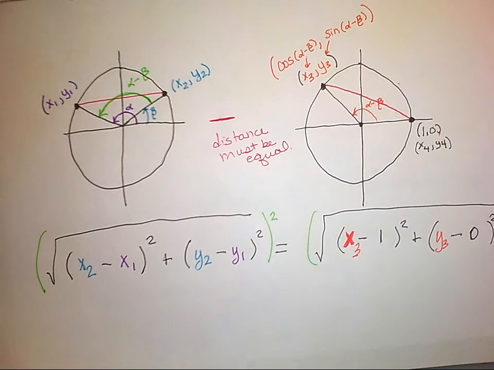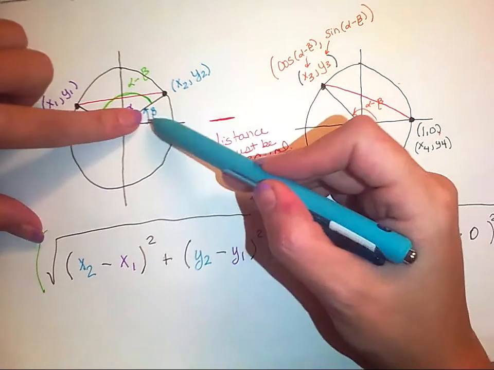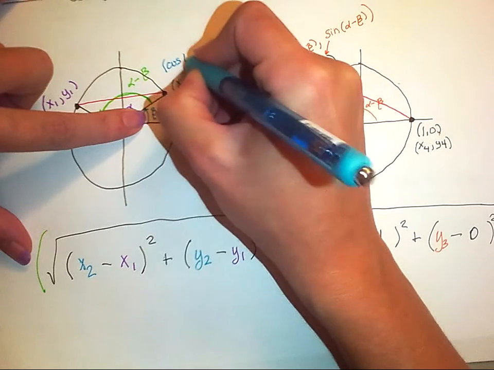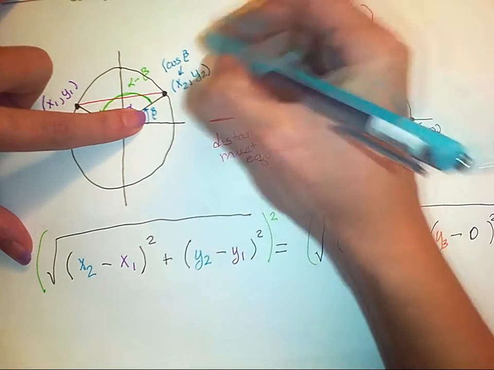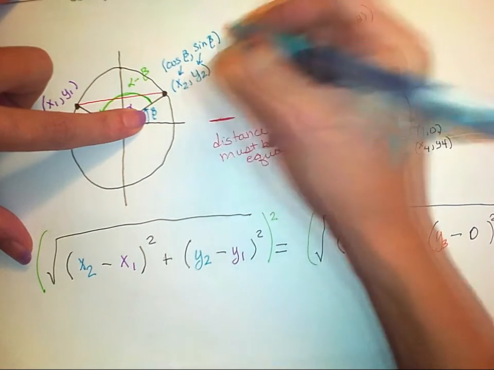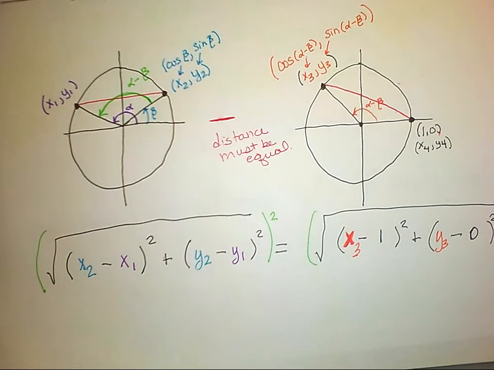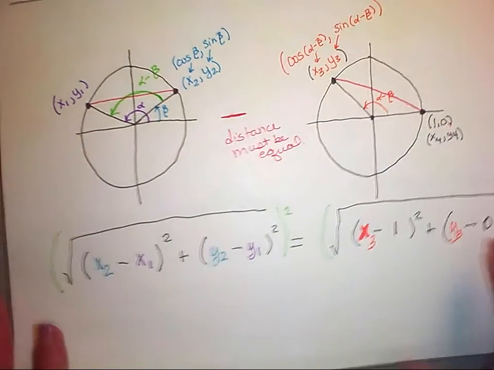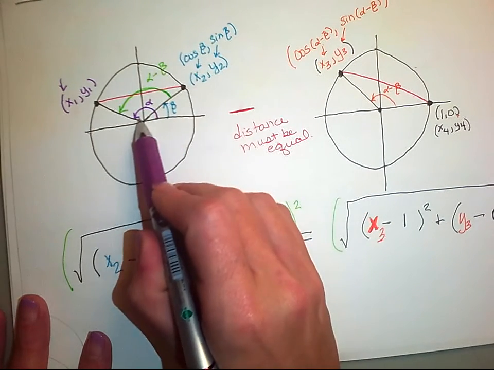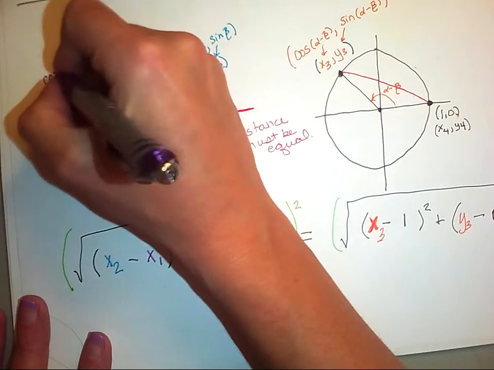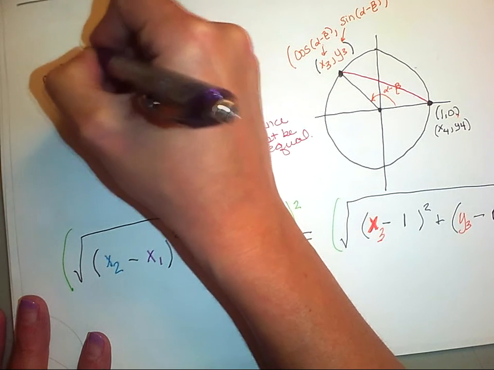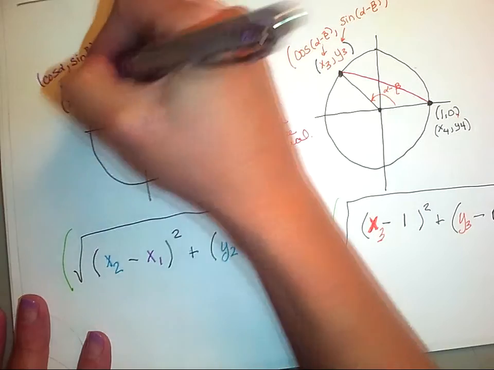Then x2 is associated with this angle beta, so this must be the cosine of beta, that is x2, and y2 must be the sine of beta. Similarly here, x1 is associated with the angle alpha, so this must be the cosine of alpha, and then the sine of alpha.